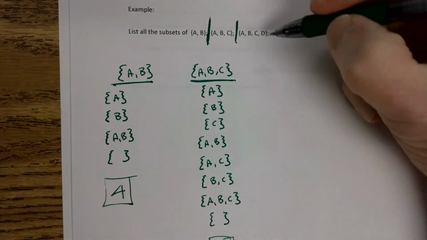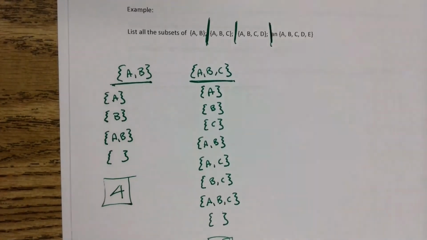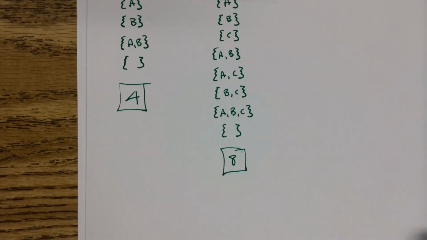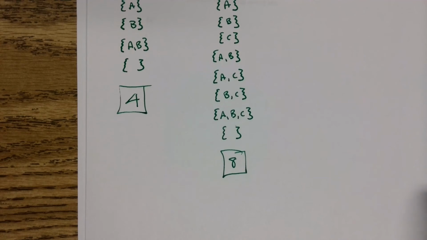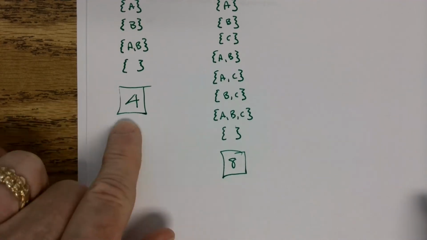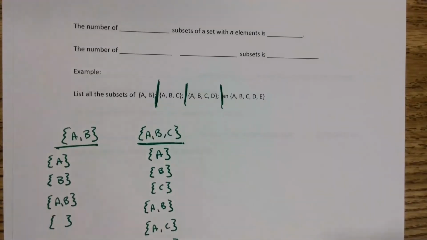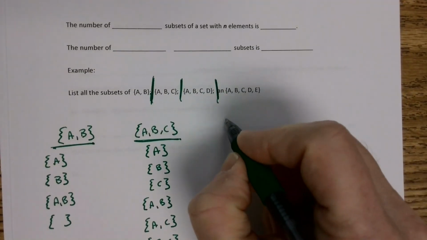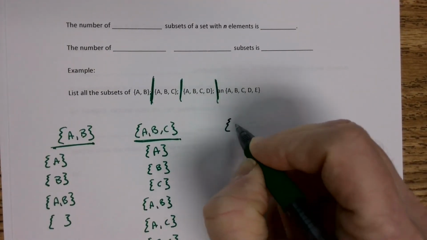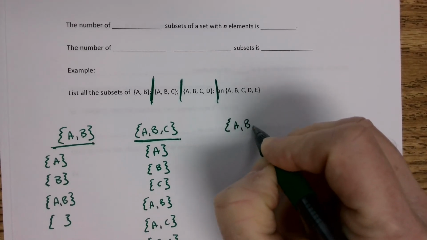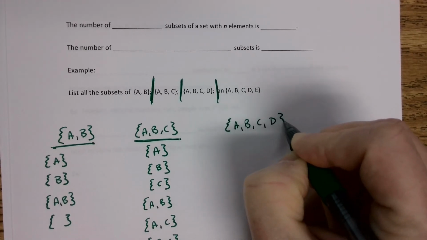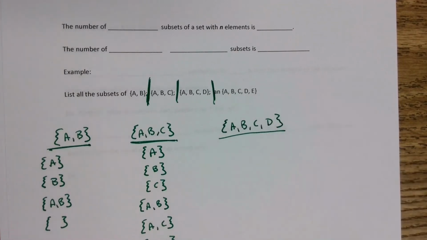How many subsets do you think A, B, C, D will have? Is this a pattern? What do we think? 4, 8, 12? All right. Let's try A, B, C, D. How many subsets can you find of the set A, B, C, D?